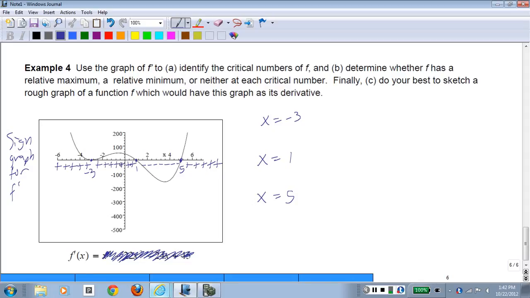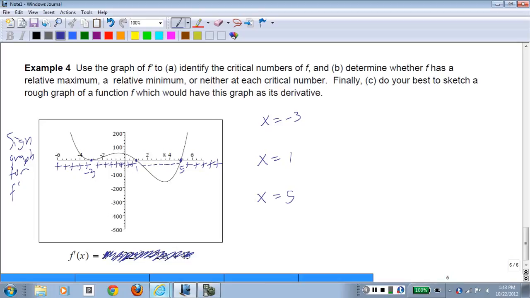Next question. Determine whether f has a relative maximum, relative minimum, or neither at each critical number. What's happening at negative 3? Relative minimum? Well, it's not going to have anything. If this were the graph of f, it would be a relative minimum, but it's plus plus. So the graph of f is actually increasing going into this and increasing on the other side. If we're trying to reconstruct the graph of f, we understand it's not unique.